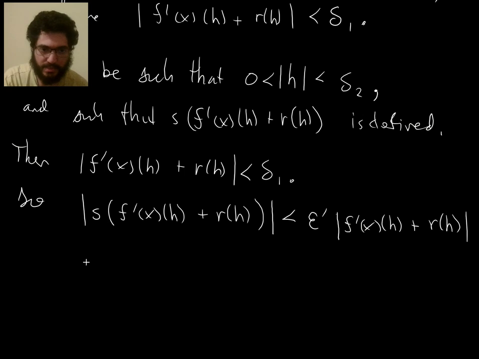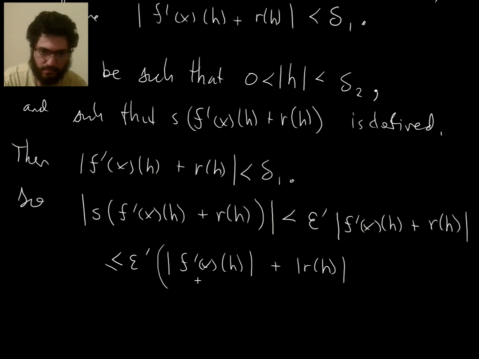Okay, well, it is less than or equal to, by the triangle inequality, this. Which is less than or equal to, using the definition of the norm of this linear map, this, times h.